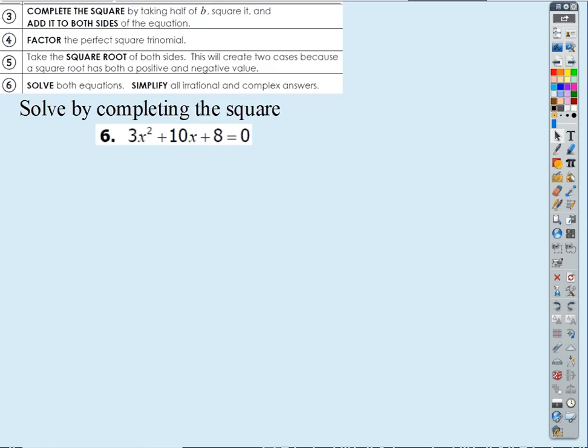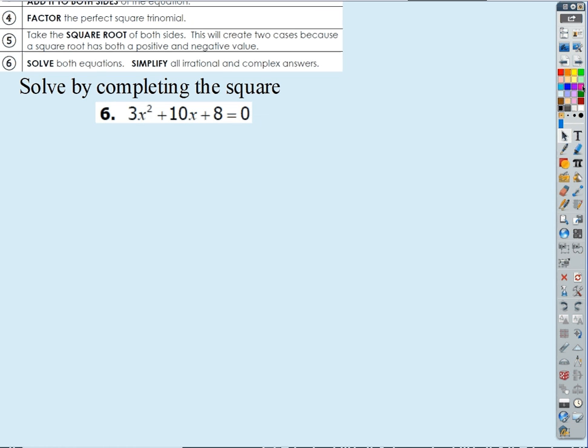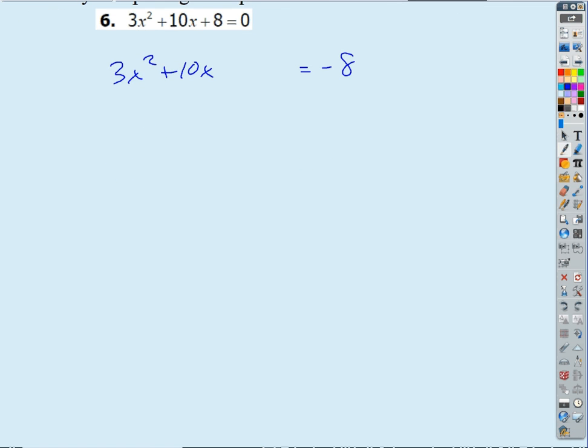So let's go through it real quick. What are the steps going to be? What do we got to do first? Subtract 8. Good. So step 1, we get 3x squared plus 10x equals -8. Now what? Divide by 3. That's unfortunate, isn't it?